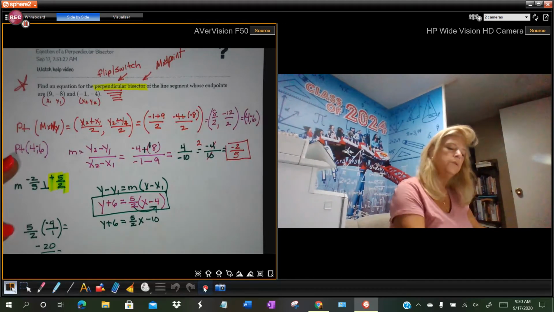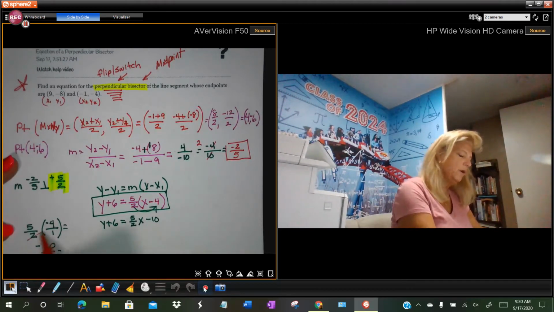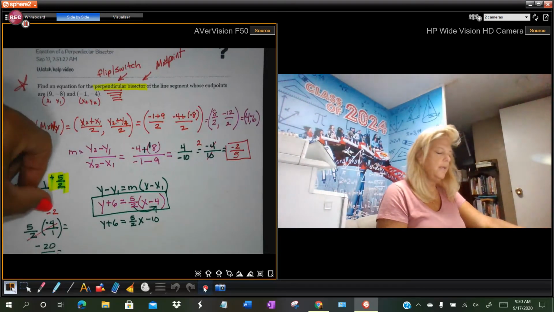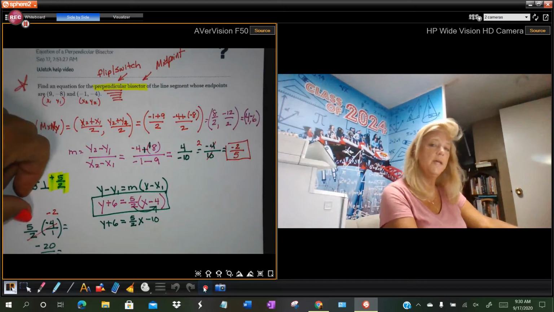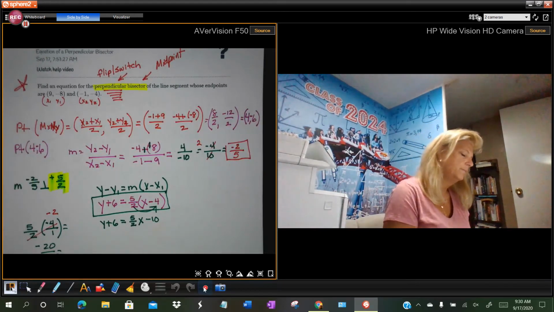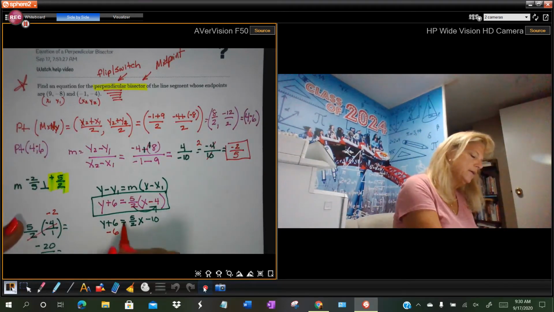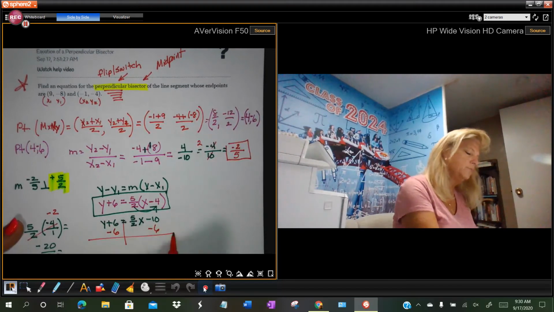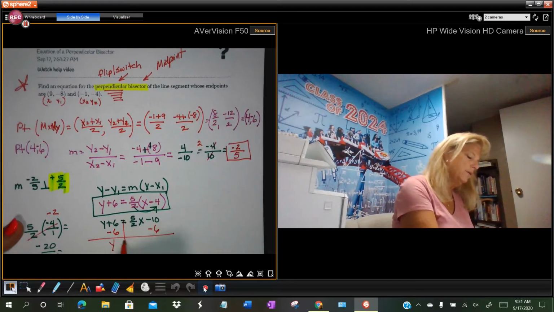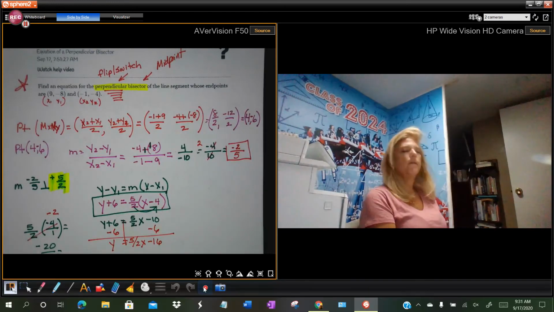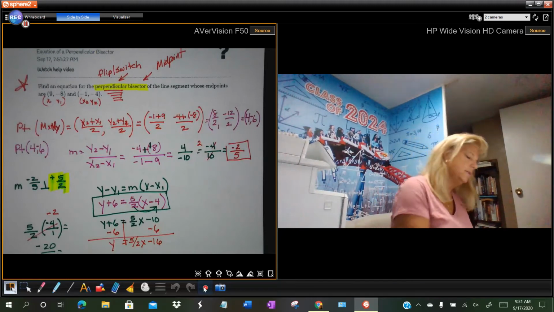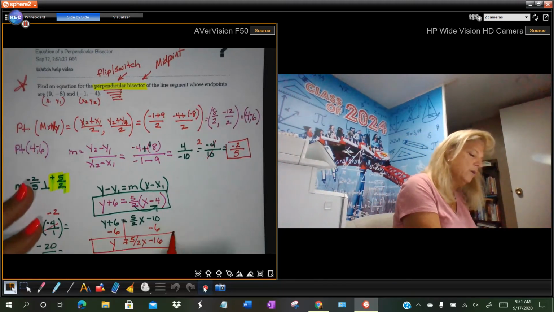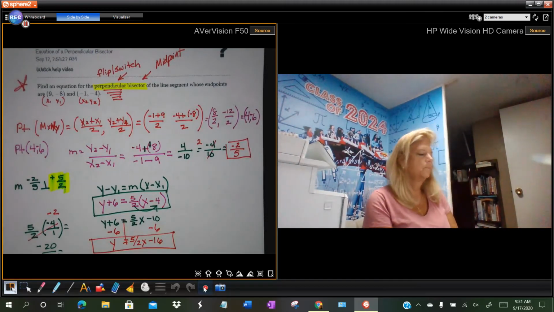I could have reduced it before and said 2 can go into -4 negative 2 times, and -2 times 5 is -10, if you like to do it that way. Subtract 6 from both sides by the subtraction property of equality. And we have y equals 5/2 x minus 16. That is your slope-intercept form.